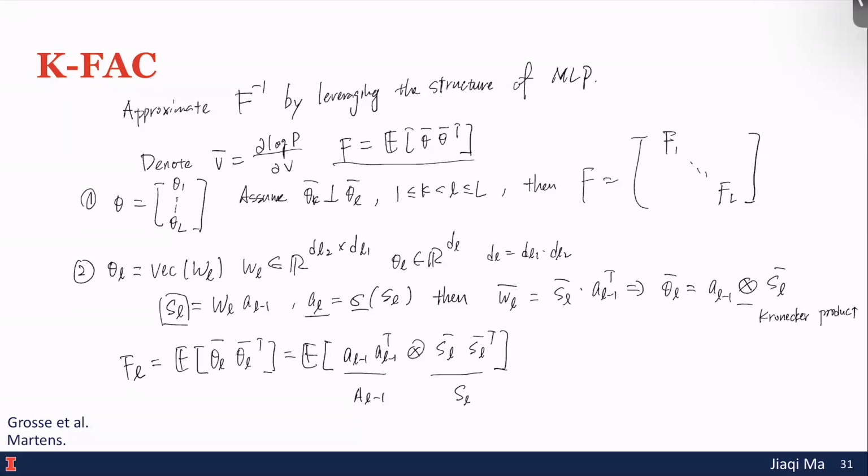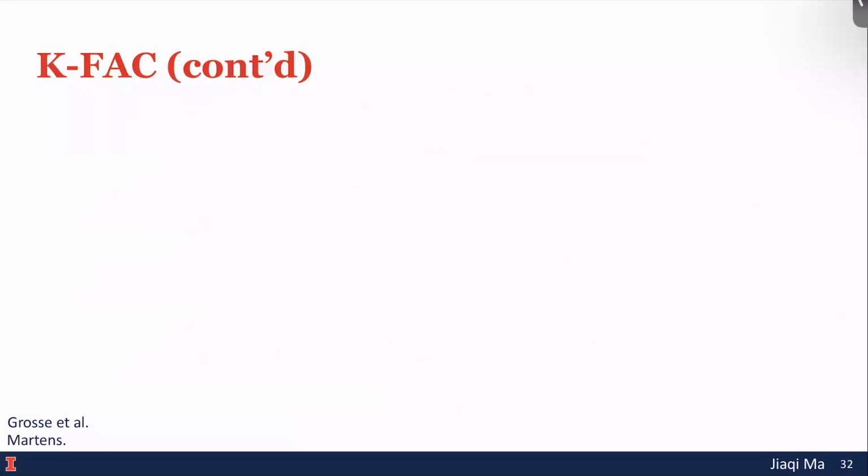Then it will equal essentially the expectation of A L minus 1 Kronecker product S L. And another assumption made by this K-FAC approximation is that we are assuming this A and S are independent. So assume they are independent.